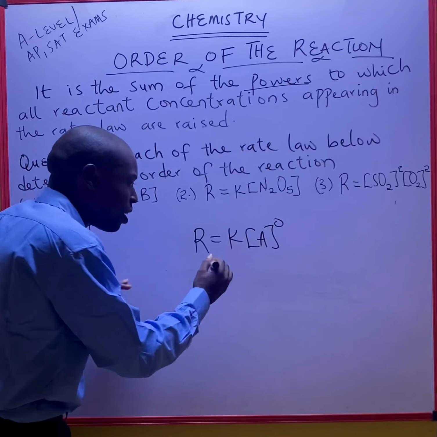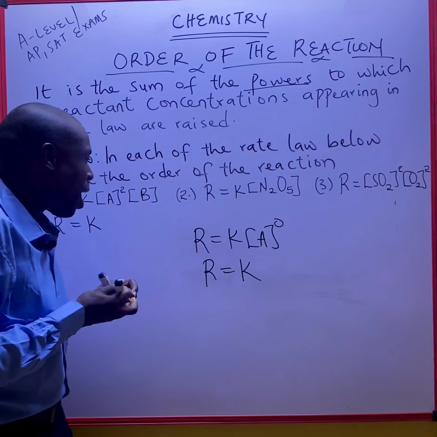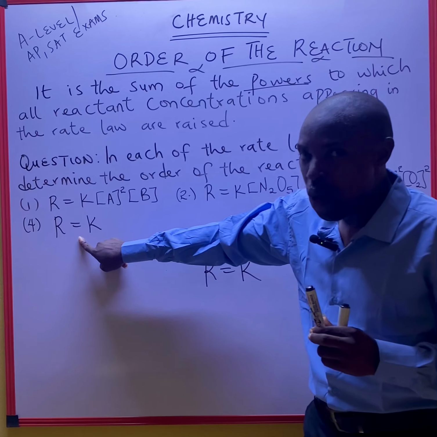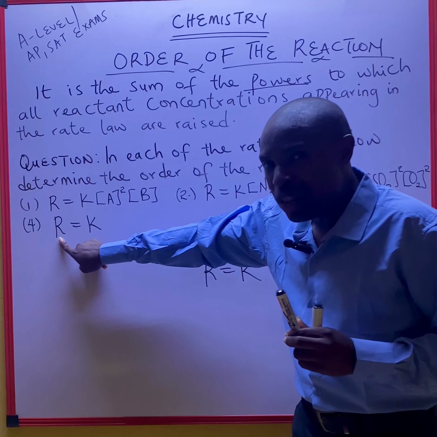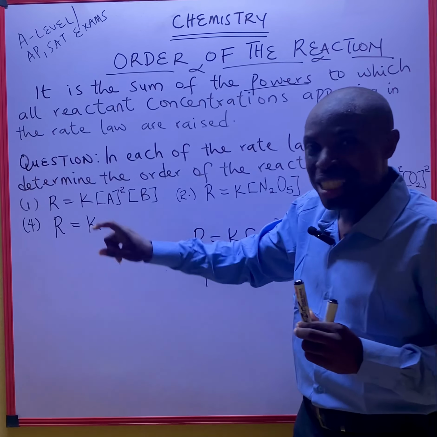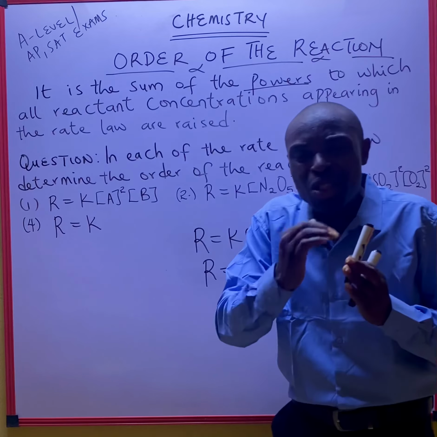And because it is 1, the rate is simply equal to my K. That is why the order of this reaction is 0. The rate of the reaction is equal to your rate constant. If that is so, it is a zero order reaction. And this is how simple it is.